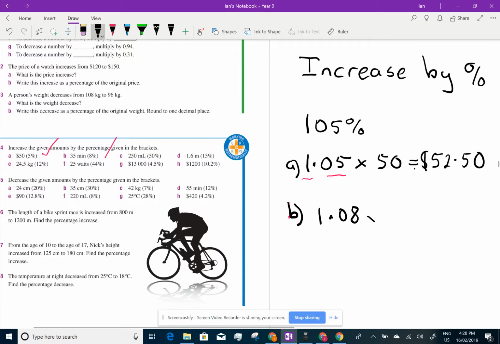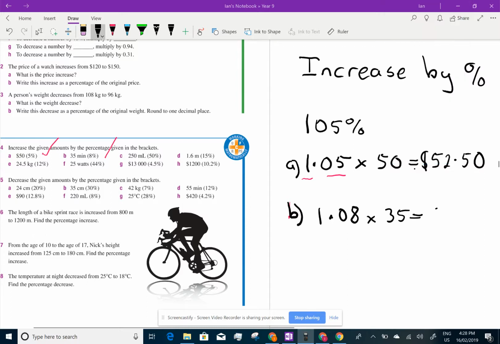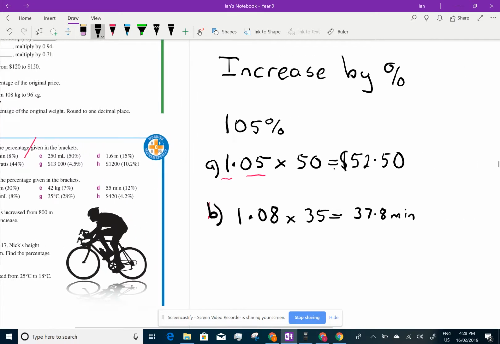What's the amount? 35. And again, I go to my calculator, 1.08 times 35, 37.8. And this is in minutes. That's increasing by a percentage. Add the percentage to the amount and then multiply.